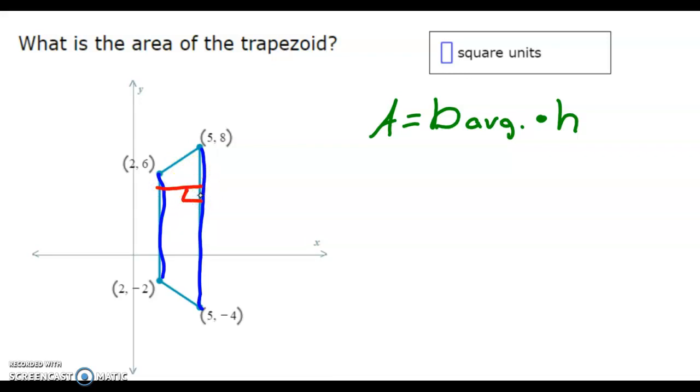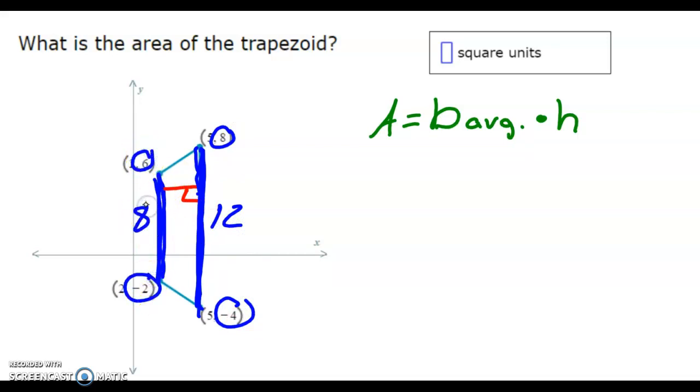Well, they made this pretty easy on us with these two bases just being vertical lines, so we can see how far apart those two endpoints are, and then we can also see how far apart the lines themselves are. So that measurement for, let's say, this base here, you're looking at the change in y. So that's going to be 12. And then for the other base, again, that vertical change in y, 6 and -2, that's going to be 8.